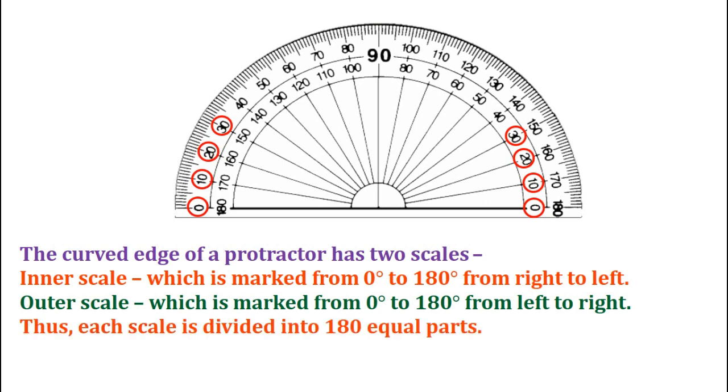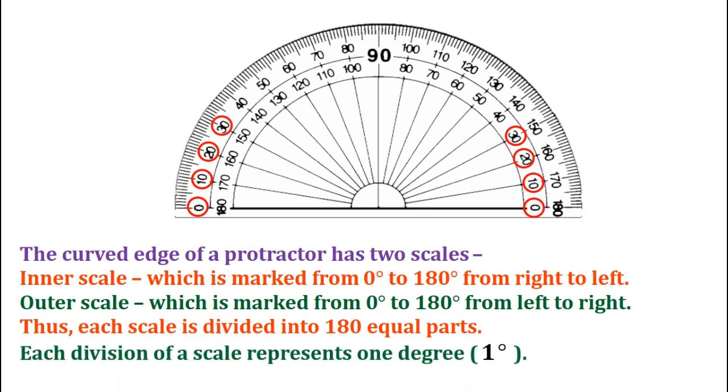Thus, we can see that each scale is divided into 180 equal parts, whether it is from the right or from the left. Each division or each tiny mark of a scale on the protractor represents 1 degree.